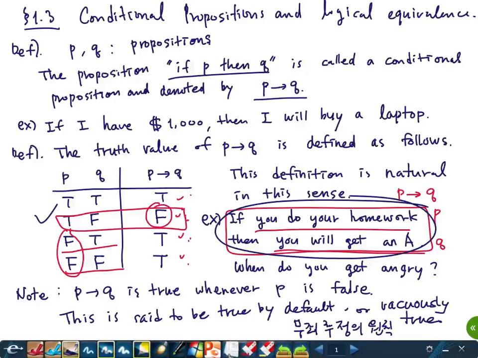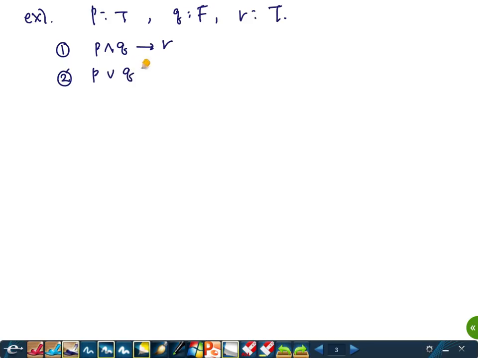All right, so let's see some examples. Suppose that P is a proposition which is true, and Q is false, R is true. Let's see what these are. The truth value of this. Second, not R. So let's determine their truth values.